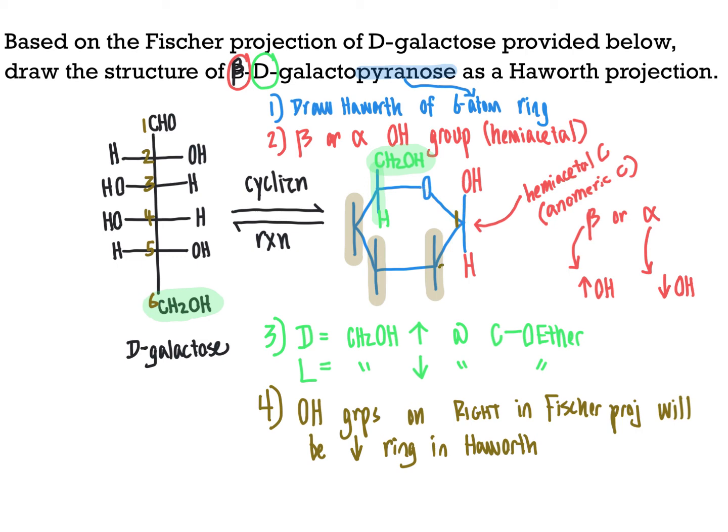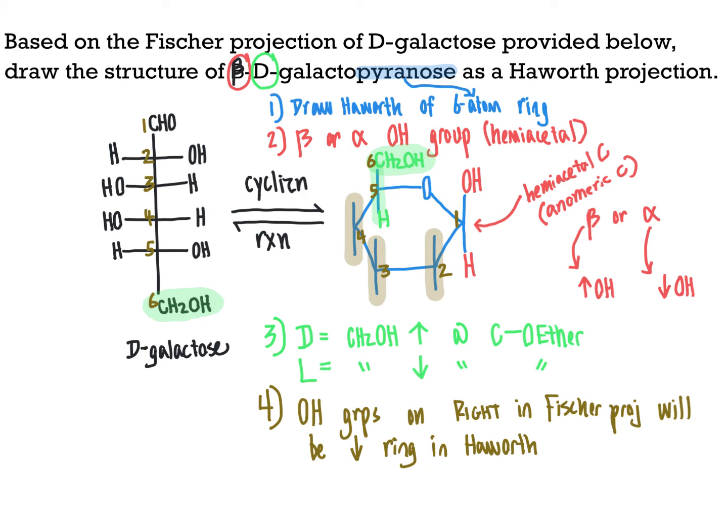Then, going around the chain, we number this way, 2, 3, 4, 5, and 6, representing the 6 carbons that originated from our chain here on the left. You will notice that position number 6 is CH2OH, just as it was position number 6 over here. That's no coincidence. That's due to exactly how this cyclization reaction happens.